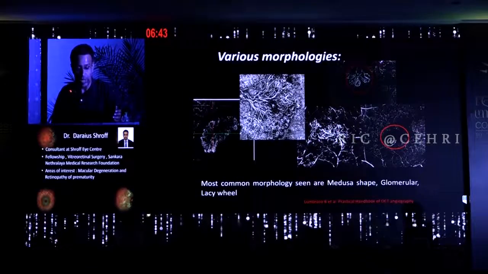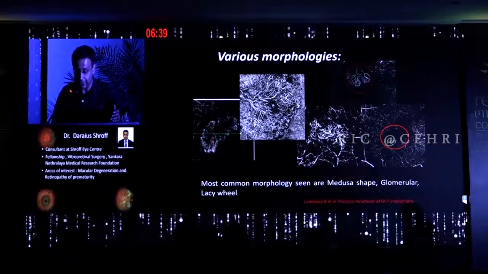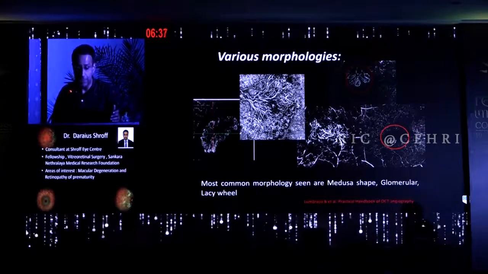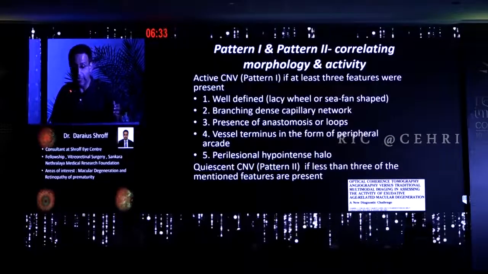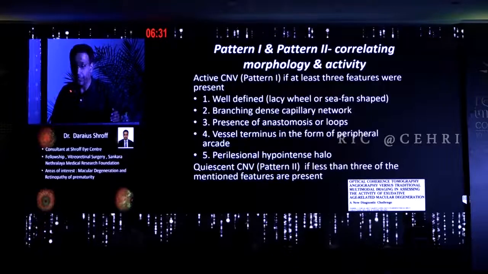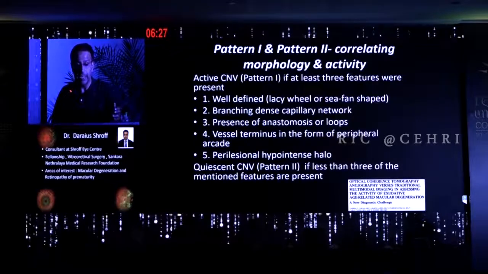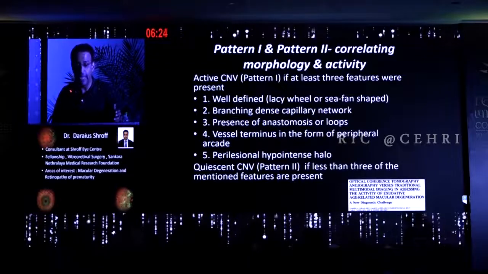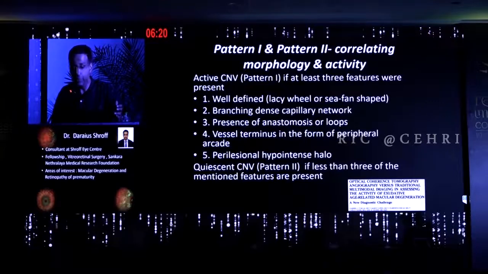You can see the Medusa Head first, the glomerulus, and the lacy wheel pattern, and these have been beautifully described by Dr. Lumbroso. So there was an article by Dr. Coscas, which I think Dr. Anand Rajendran also spoke about earlier today. And he has said that pattern 1 or active CNV is present if we have at least 3 features of the 5 below.